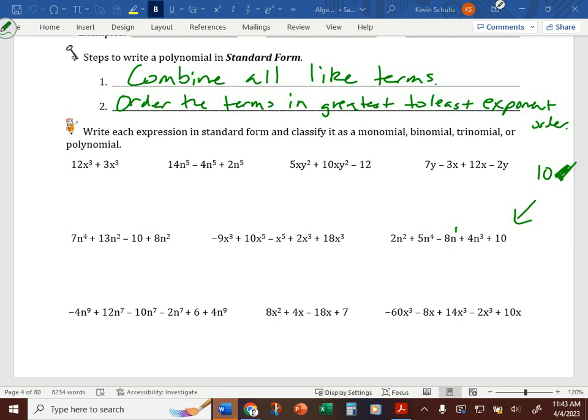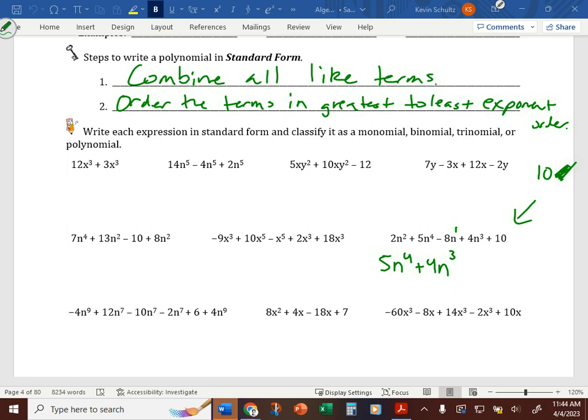But don't be confused with coefficients and exponents, right? What's the greatest exponent that we have here? 5n to the fourth. Looking at our exponents, 4 is the greatest one, okay? What would come next? 4n cubed, or to the third, okay?